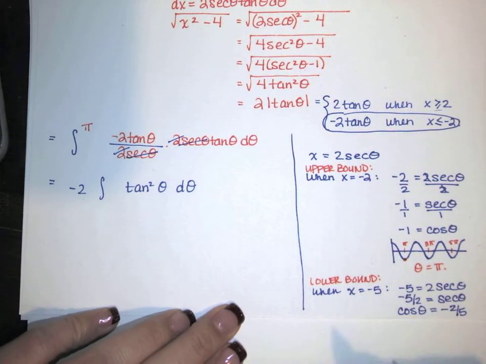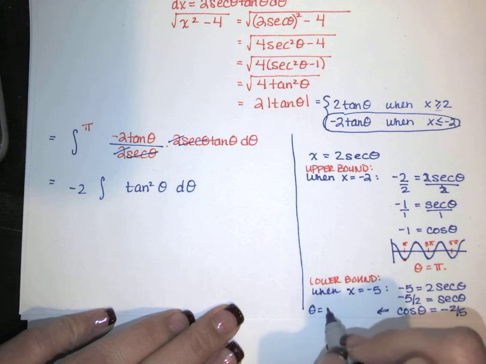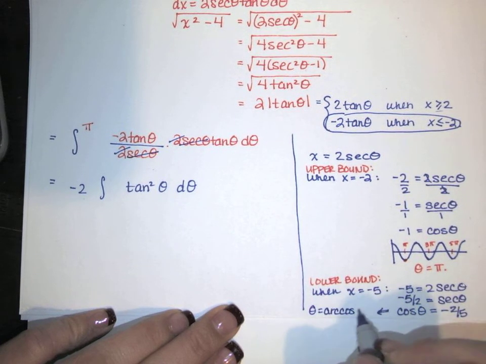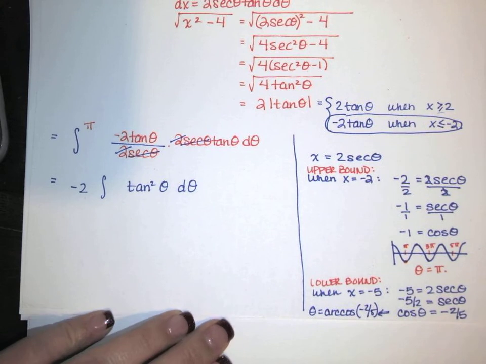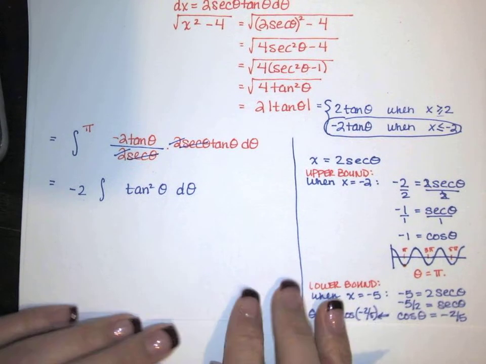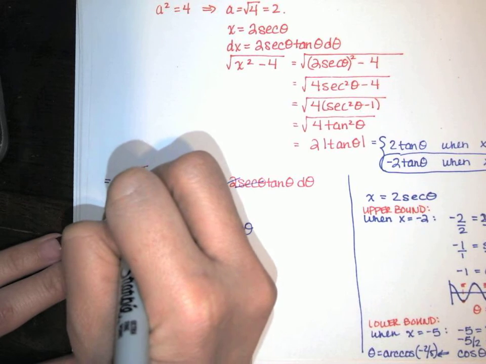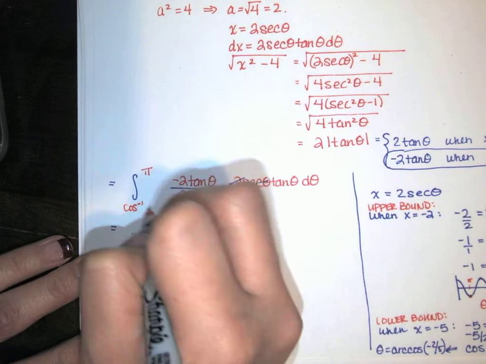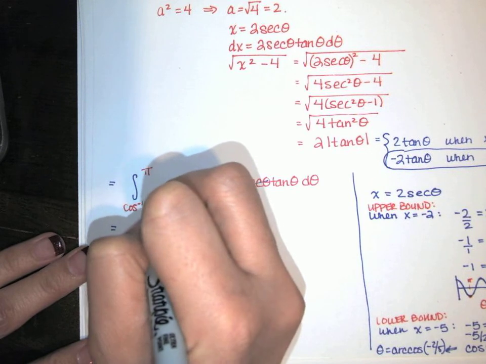So theta is going to be, running out of space on this paper, theta is the inverse cosine, or the arc cosine, of -2 over 5. So that's what we're going to do for our lower bound. I'm going to use that notation that I don't really care for because it just makes it smaller. Cosine to the -1, it's not 1 over cosine. It's the inverse cosine.